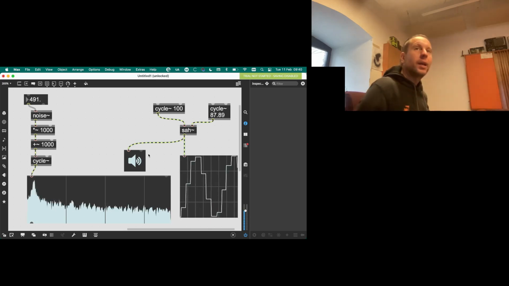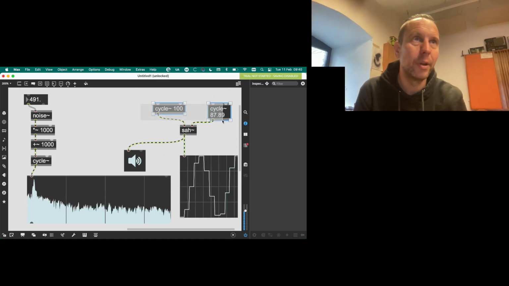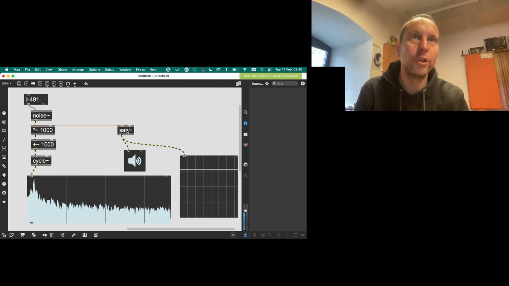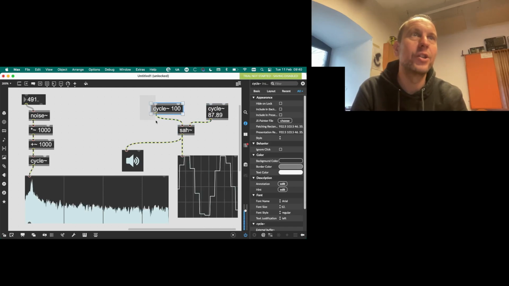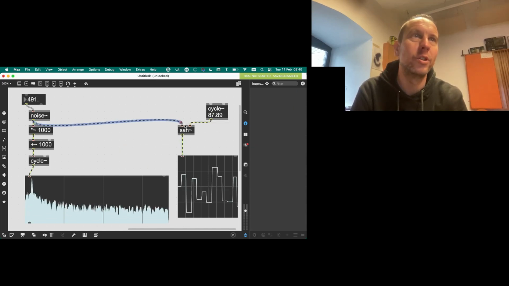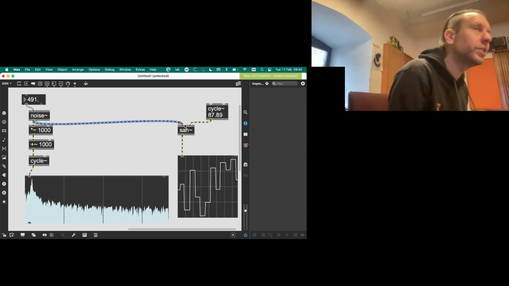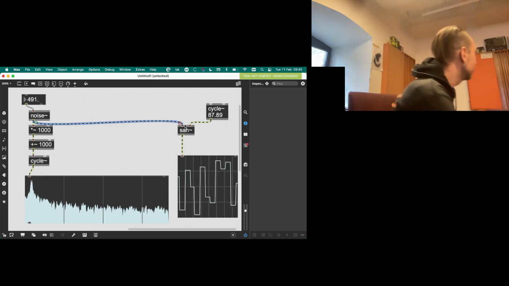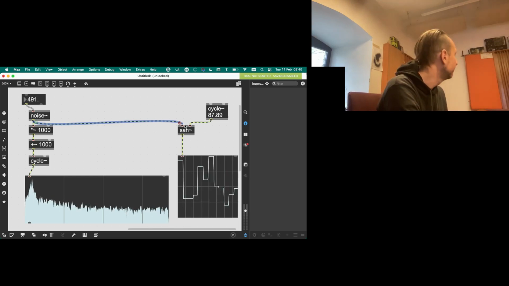Understood? Now what I can do then is I can take this sample and hold, I shouldn't have actually deleted all of that, and process my noise signal. If I do this with a noise signal, I still have a noisy signal, so it is random values, but they come much less frequently.